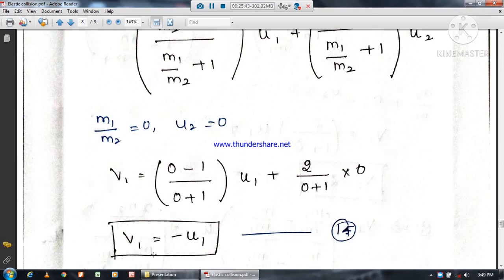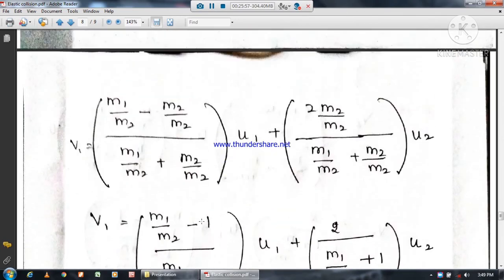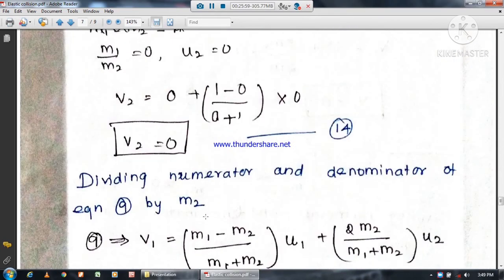So once the first body collides with the second body, it returns in the opposite direction with the same initial velocity. This negative sign shows it is in the opposite direction.